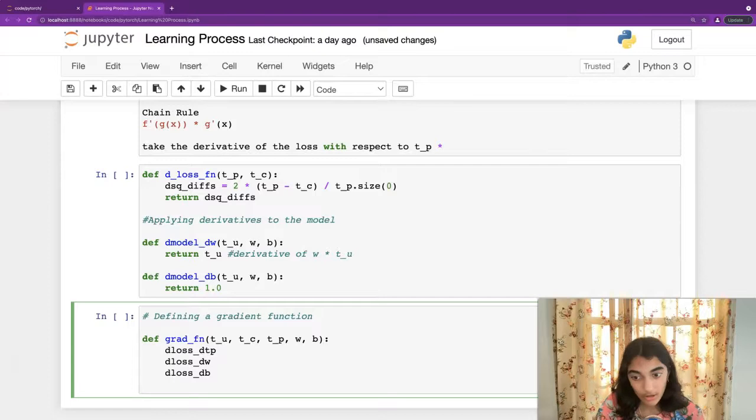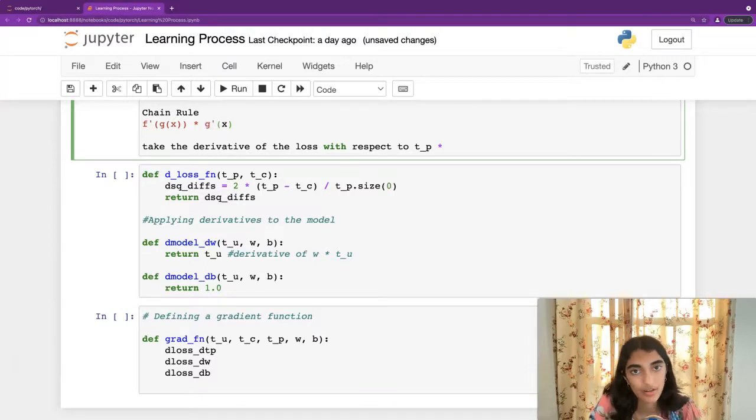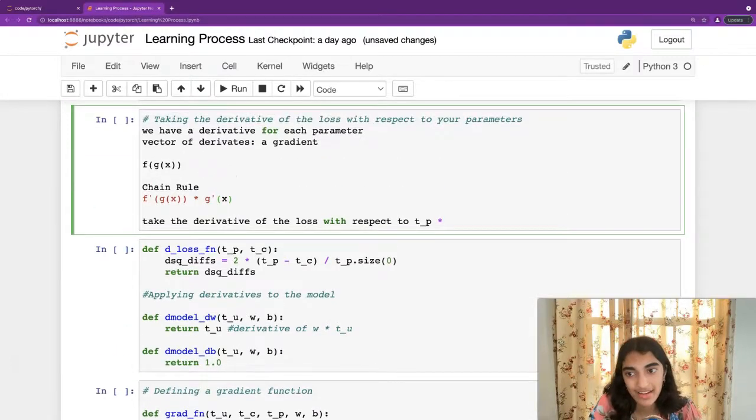So this is the loss with respect to its direct input, okay? And its input is based on the weight and the bias. The W and the B are like the g of x part of our f of g of x. And our f of x, our direct input to f, is just g of x.